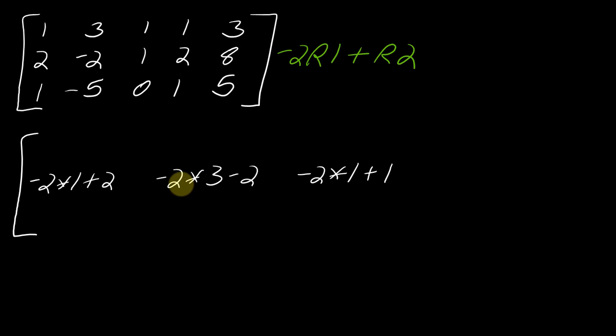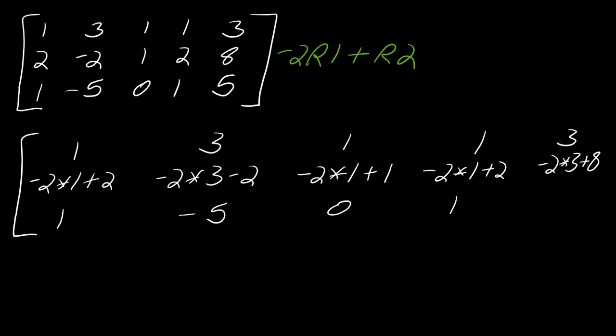Notice that I'm multiplying -2 by each entry here and then adding it to the entry below. The next one is -2 times 1 plus 2, and then, I'm running out of room, but I'll squeeze it in, -2 times 3 plus 8. So here's everything that I need for that row. Everything else in this matrix is going to stay the same.